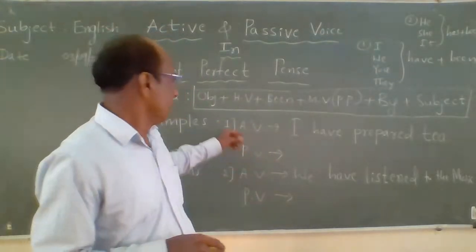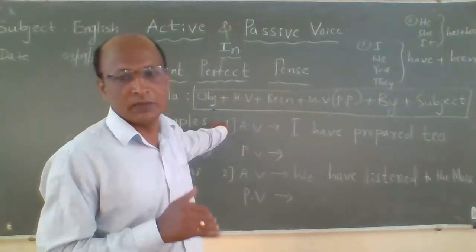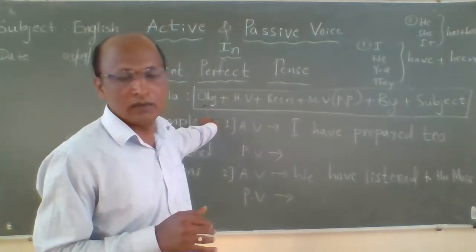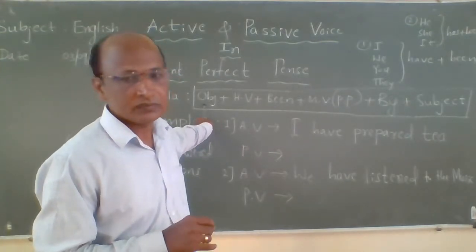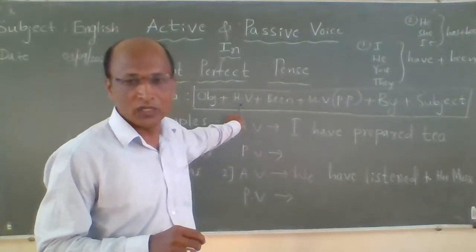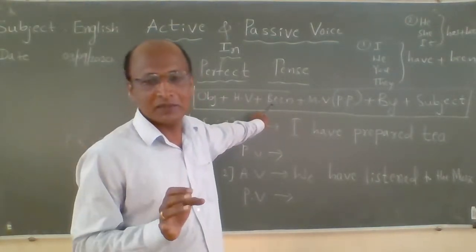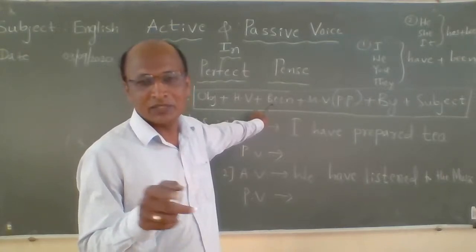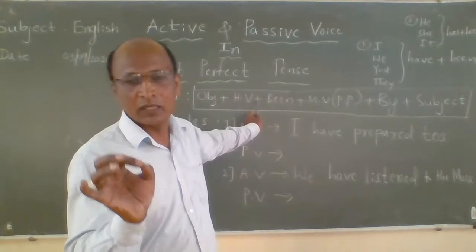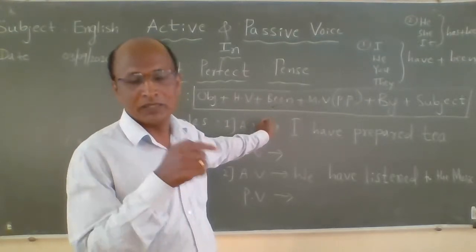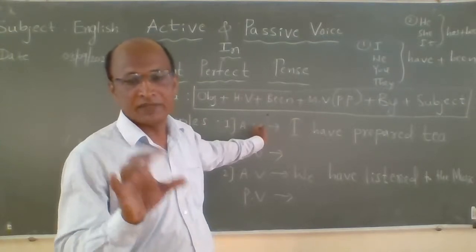The formula is: while changing active to passive voice in present perfect tense, we should use the first object. After that, the helping verb, then being, not being. In present continuous, past continuous, and future continuous, we use being. But in present perfect tense, we should use the word been after the helping verb.